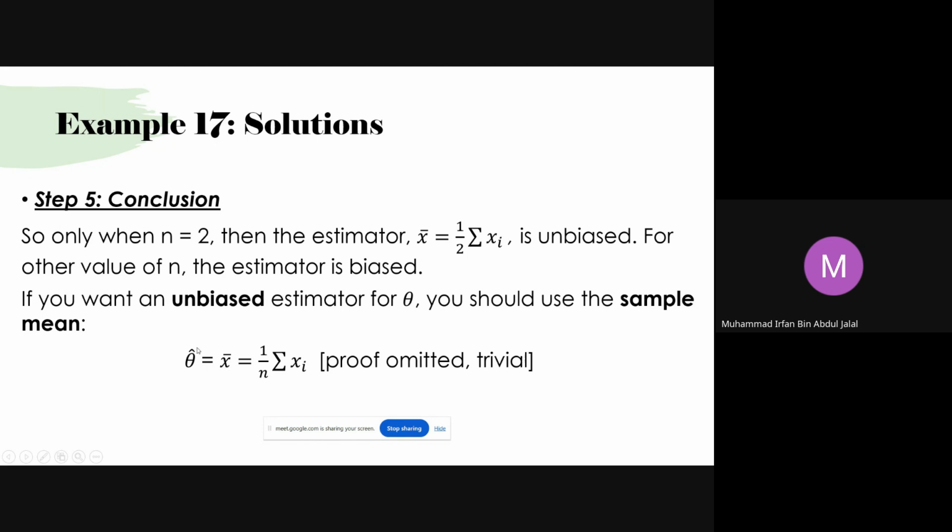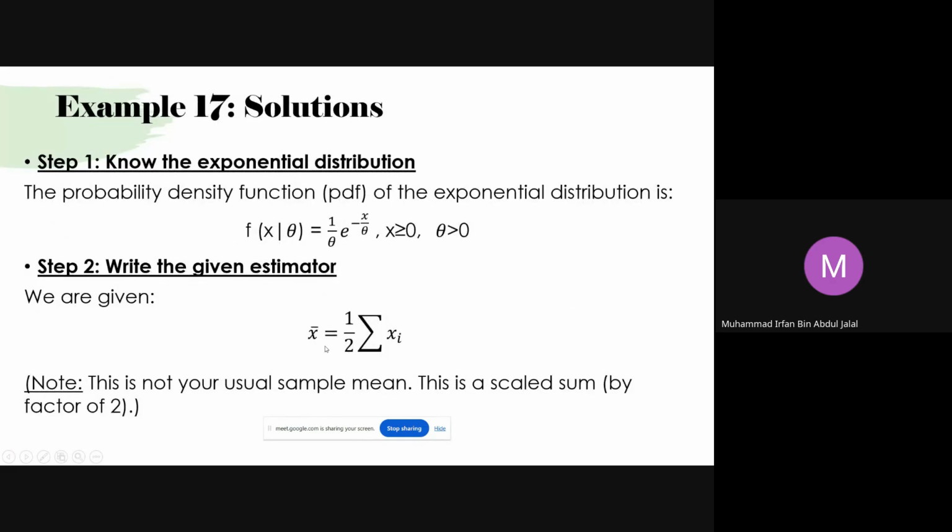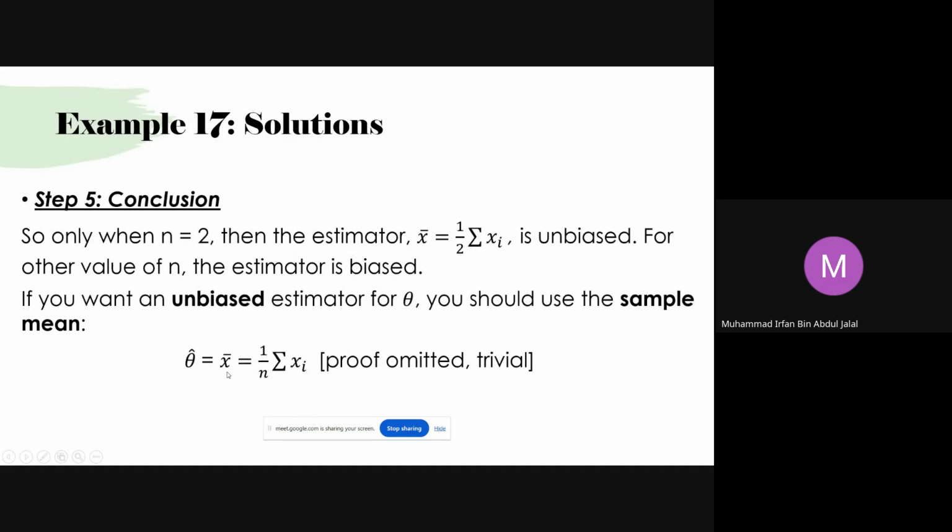This form of estimator is an unbiased estimator for theta instead of this one. Okay, I think I should put another notation here, for example x bar scale here, and this one is your usual x bar. So I will change the notation a bit so that you will not be confused. All right.